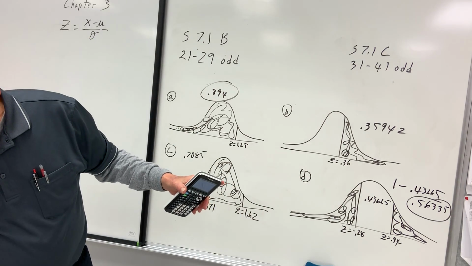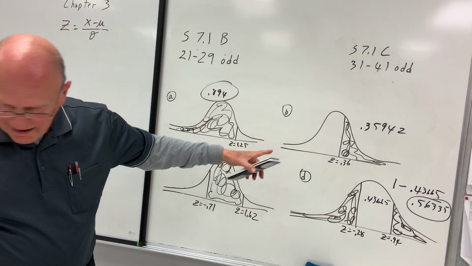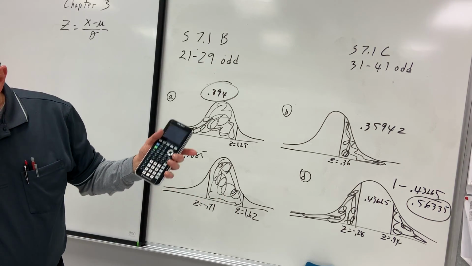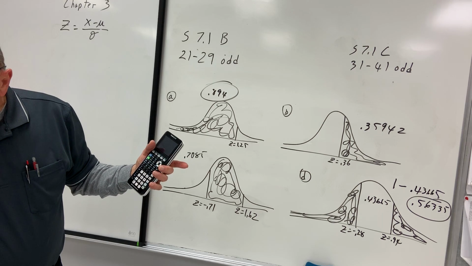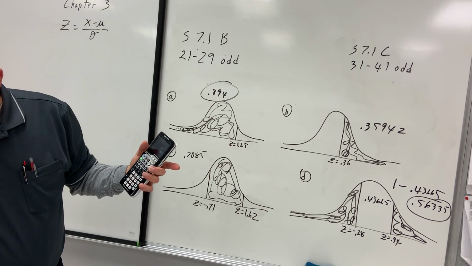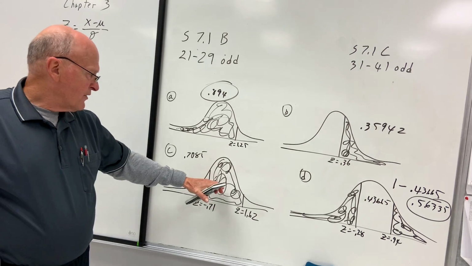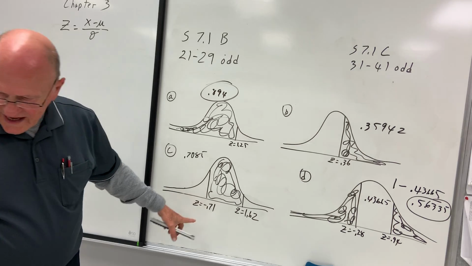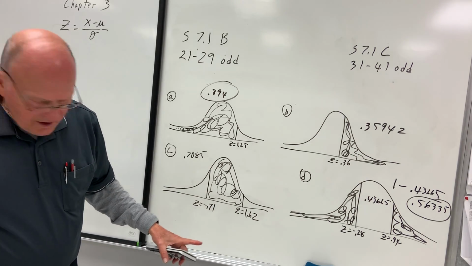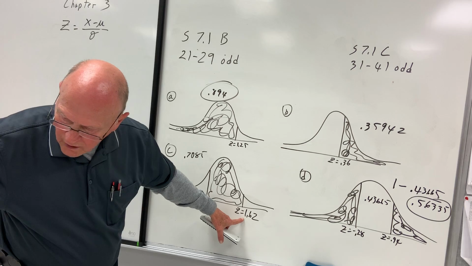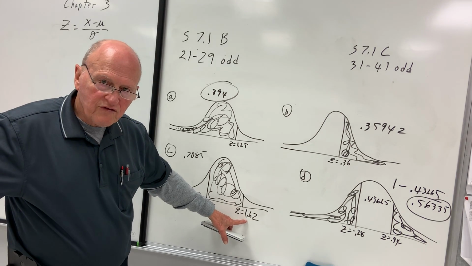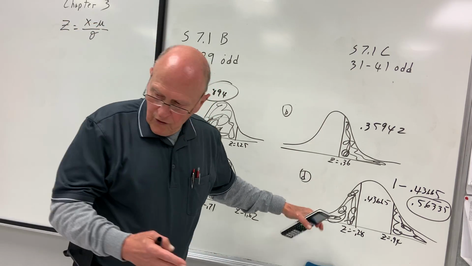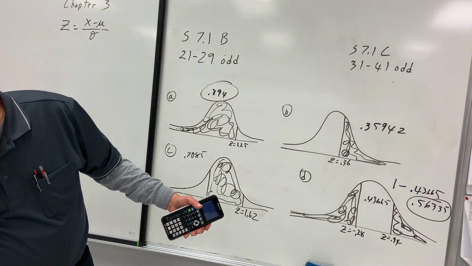If I look over at 26, again, it's to the right, just like B. When I get to 27, they're asking me for the area between, like A, between negative 0.75 and 1.70. That becomes just like this. The lower z, negative 0.75, we'd plug that in there. The upper bound, the larger z, we would plug in 1.70 instead of 1.62 like we did when we did this problem.